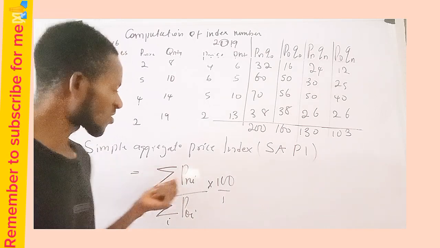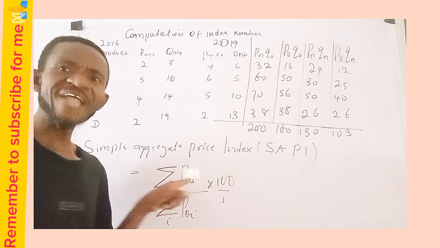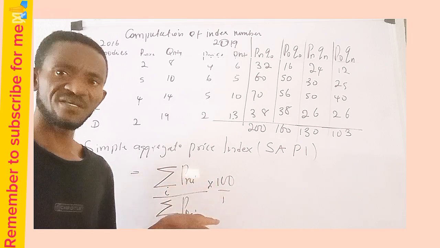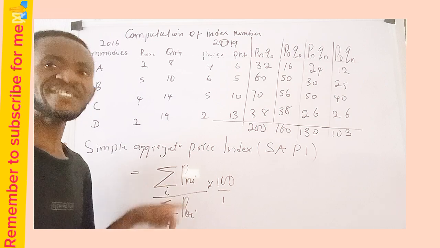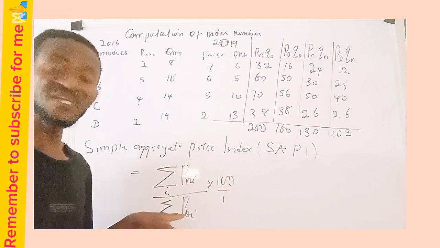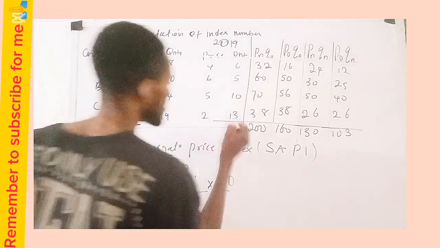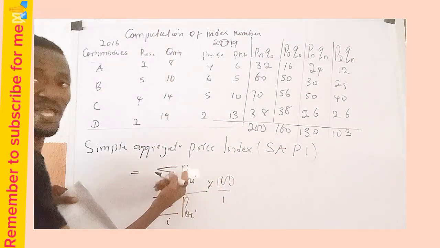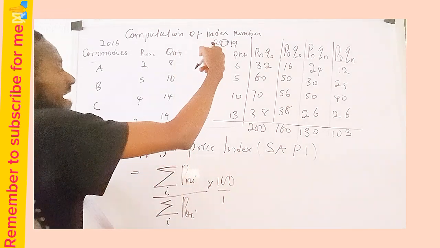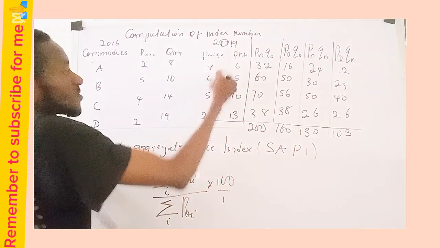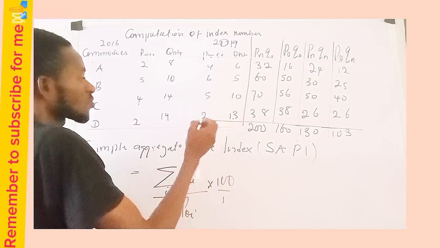So what we are going to do here is, ni means the prices of the different commodities in the given year. You sum all of them. 0i means the prices of the different commodities in the base year. You sum them. For the sum of P subscript ni, we sum all the prices in the given year: 4 plus 6 is 10, plus 5 is 15, plus 2 is 17.